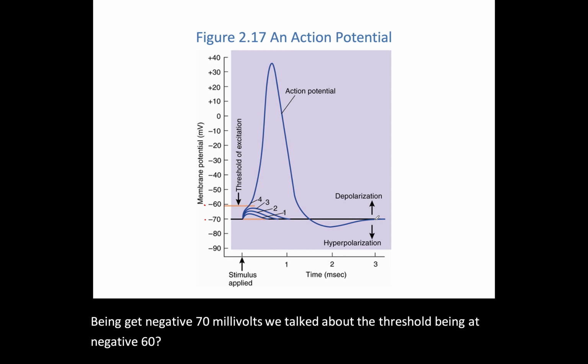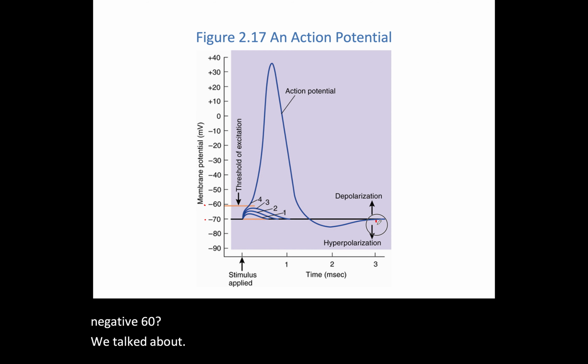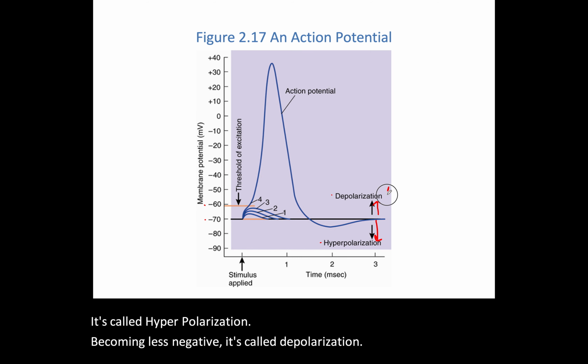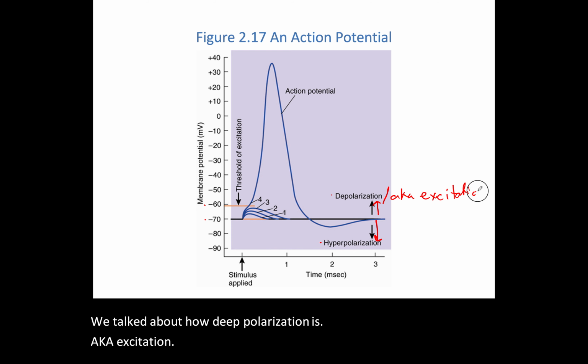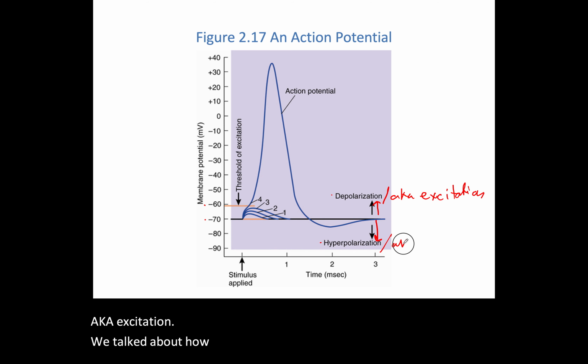We talked about becoming more negative, it's called hyperpolarization. Becoming less negative, it's called depolarization. We talked about how depolarization is aka excitation. We talked about how hyperpolarization is aka inhibition.